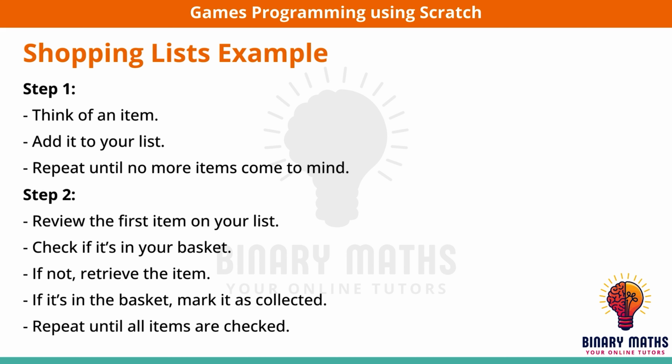If it's not, you go and get it. If it is already in the basket, you tick it off your list. You repeat this until you've checked every item. This is exactly how a list works in Scratch. You can add items, check them, and use them in your game. Let's see how this applies to programming.